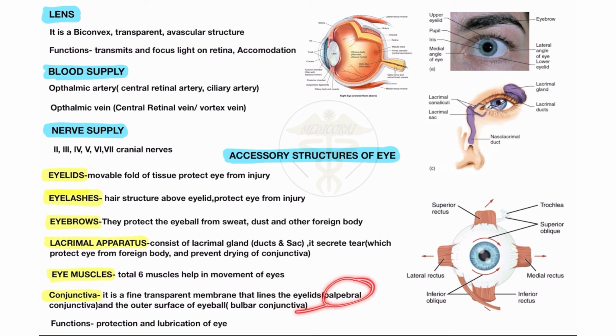So the two parts are palpebral and bulbar conjunctiva.